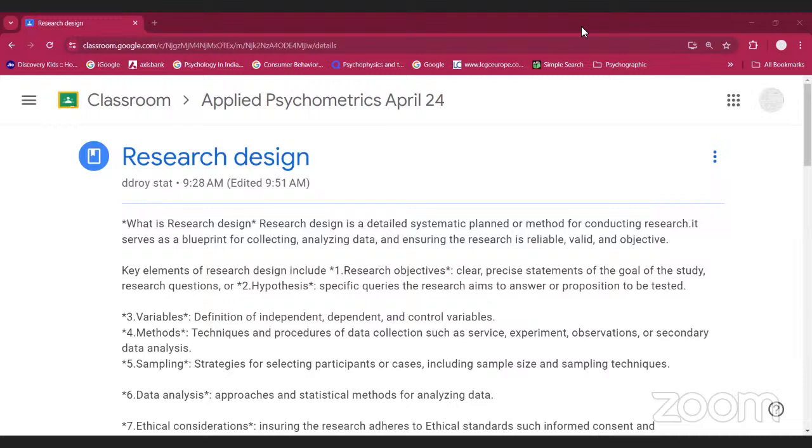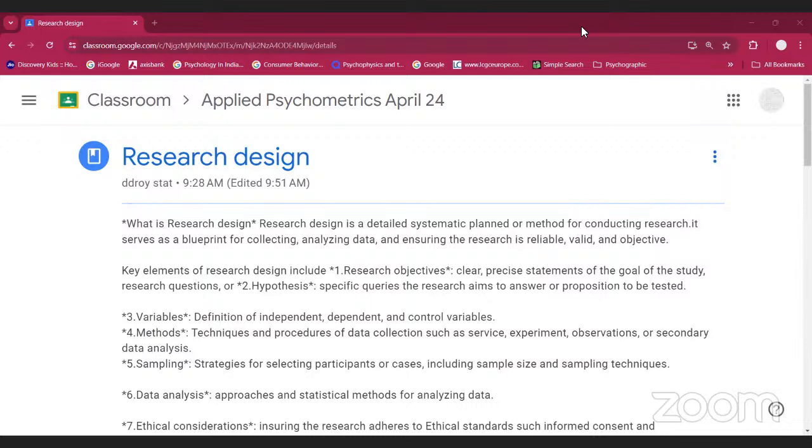Why is the hypothesis important? Sir, because hypothesis is a scientific construction, so that only we can measure the variable properly. That is a researchable topic.